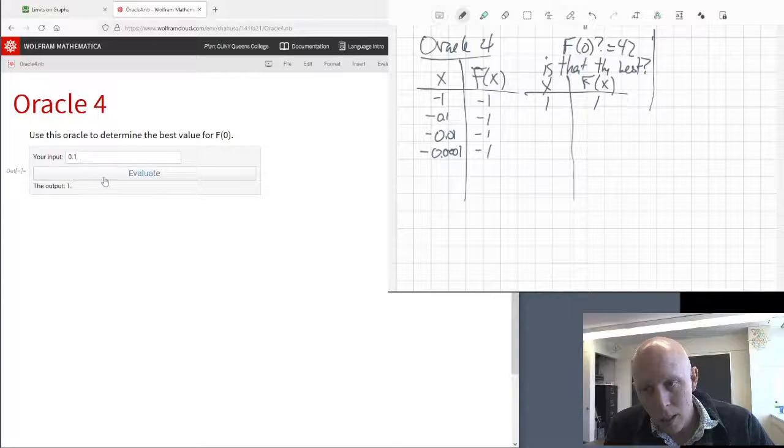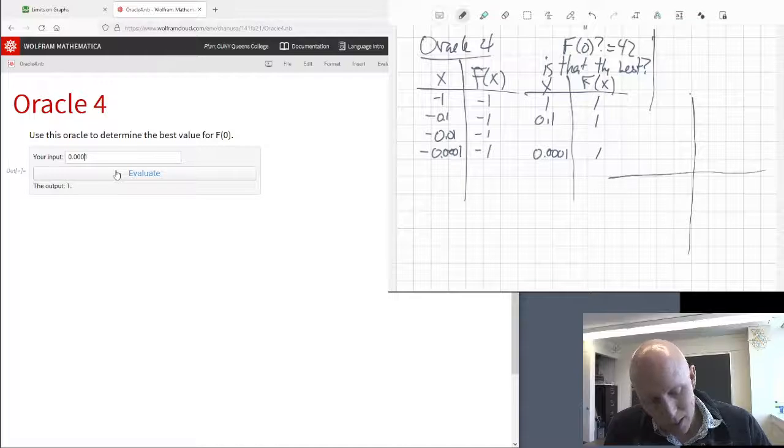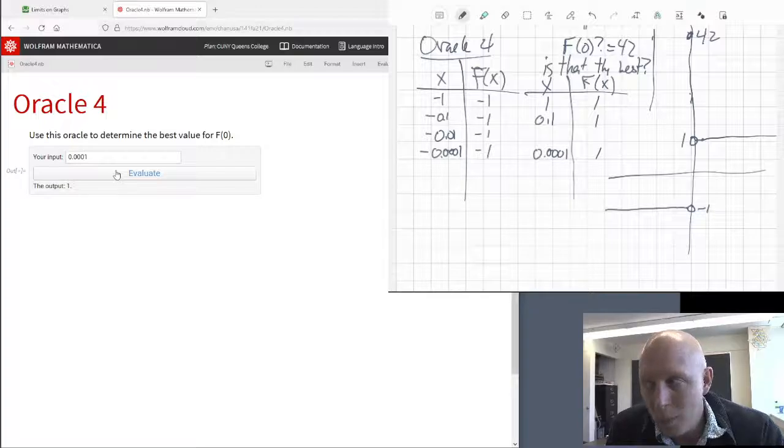It gives us 1 also. What about 0.0001? It gives us 1. So it really looks like this function does this: when you're less than 0, the function gives you a -1 value. When you're greater than 0, the function gives you a +1 value. But when you're actually at 0, you get a value of 42.